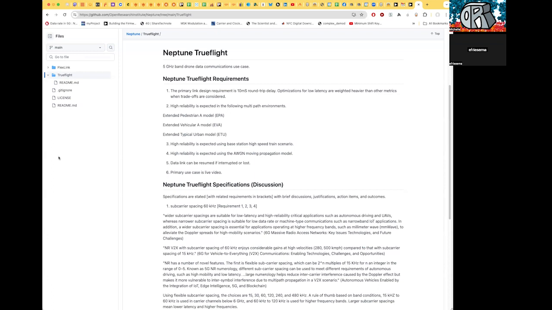So I personally feel OFDM is important, for the biggest reason being the high reliability requirements on 2, 3, and 4. That's pretty much the whole reason OFDM got really popular: one of the biggest problems any communications system has is multipath propagation.